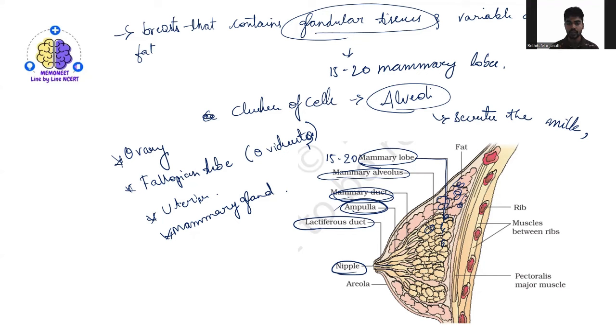I really suggest you have our MEMONEET NTA PYQ book, because we have segregated all the questions from 2019 to 2025. Why I'm stressing this is that from 2019 the NTA is conducting the exam, so obviously the syllabus got changed, and some chapters and topics got deleted.